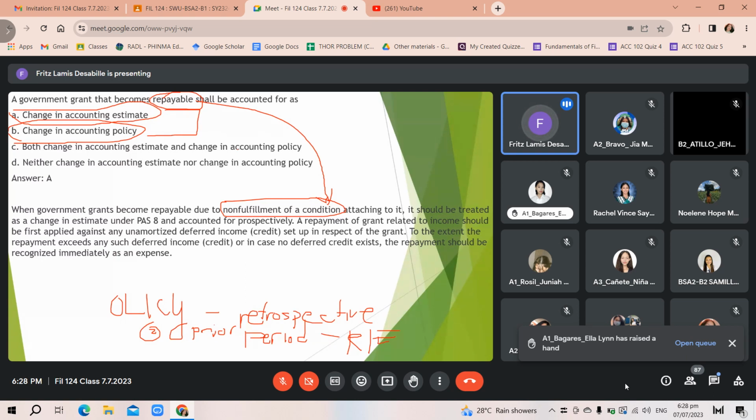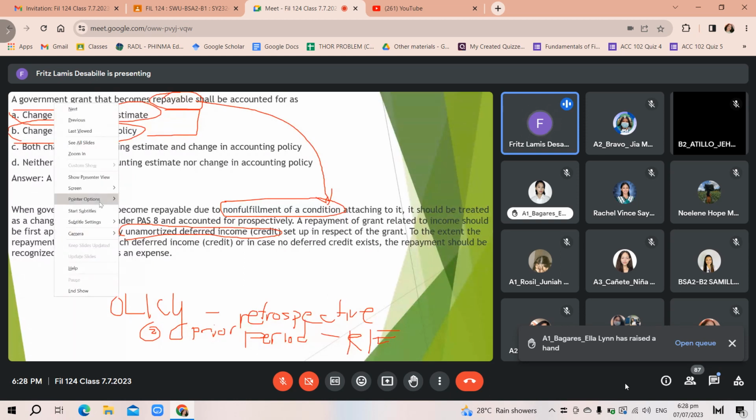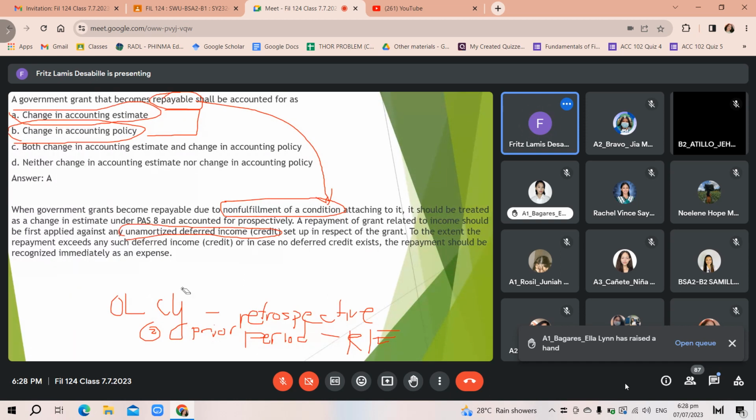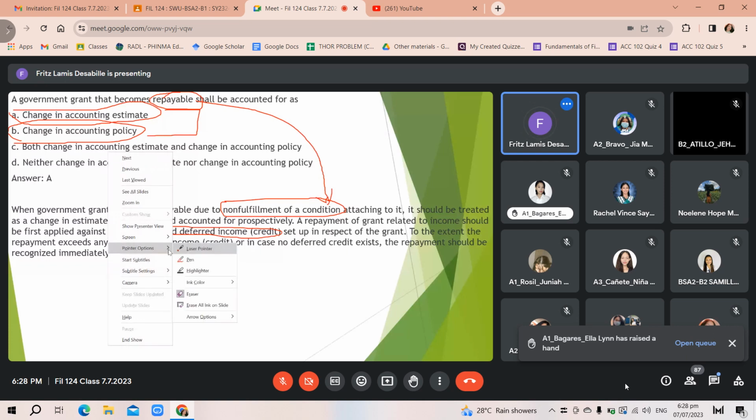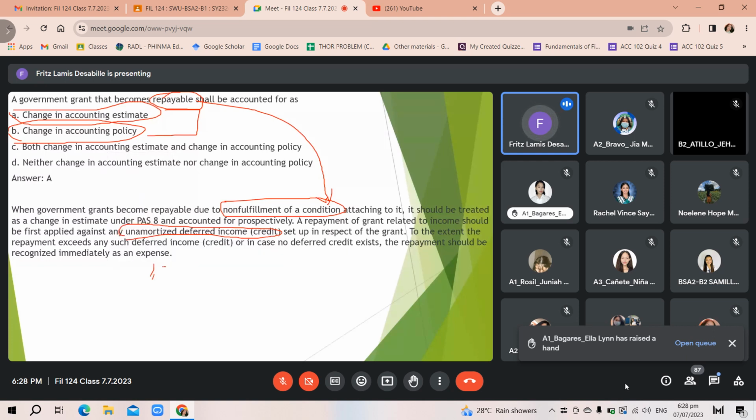So a repayment of grant related to income should first be applied against any unamortized deferred income. So the deferred grant income that we recognized, we apply it first. Just to give you a quick illustration, let's say for example guys, we received 1 million.